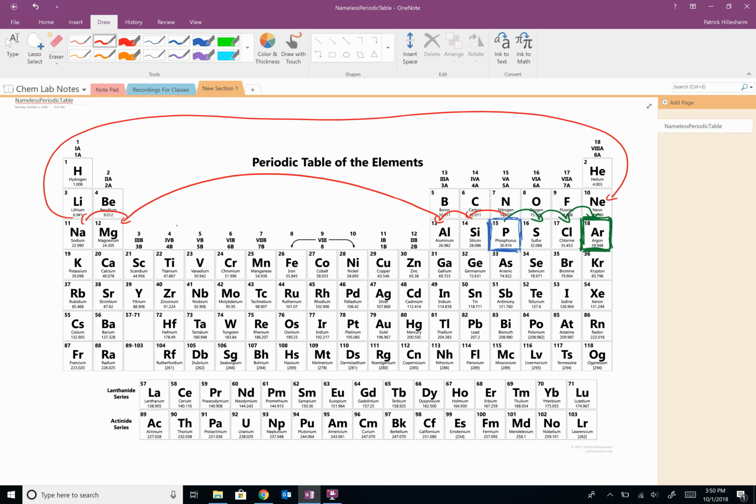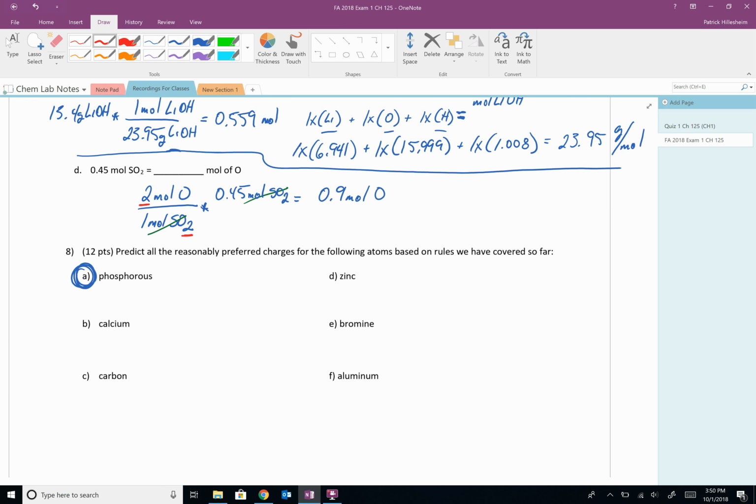The name of the game is we want to count the least number of steps to get to that noble gas. And so for phosphorus, it's going to be our arrows in green. So 3 steps. So we are going to gain 3 electrons, right? We're going forward. So 3 minus.